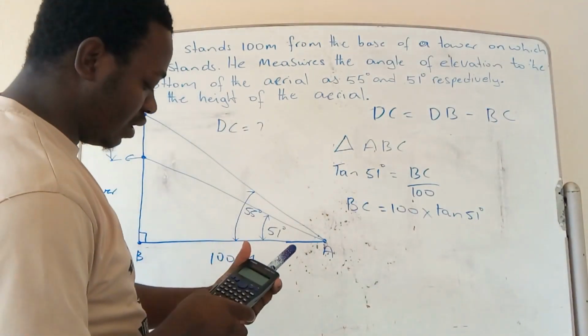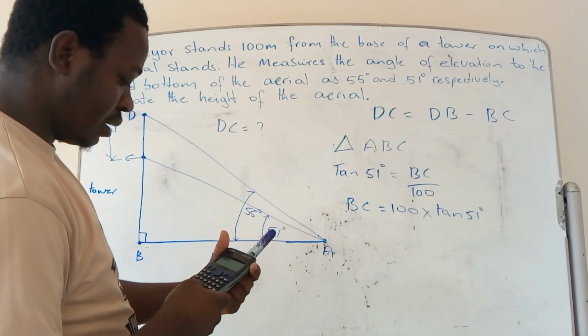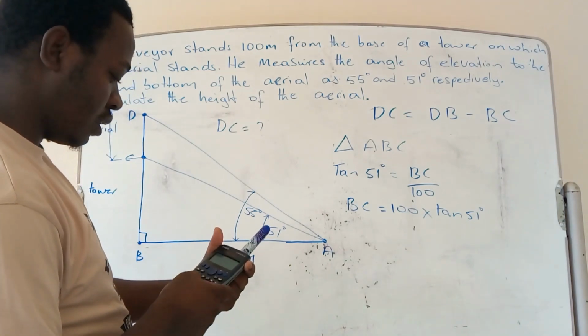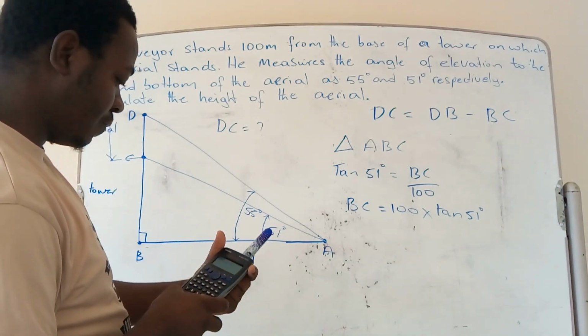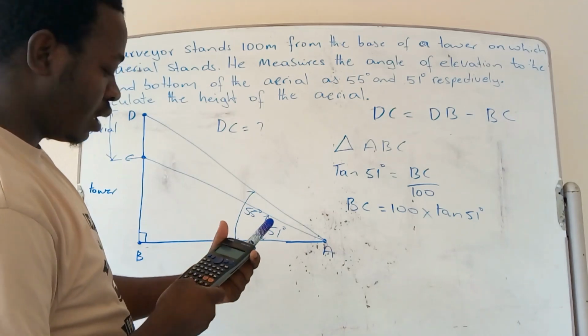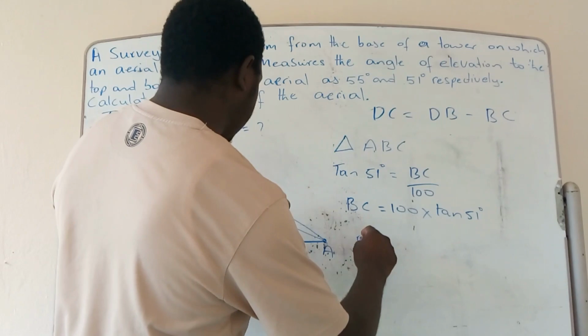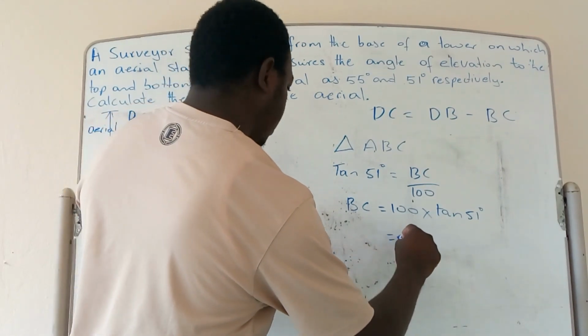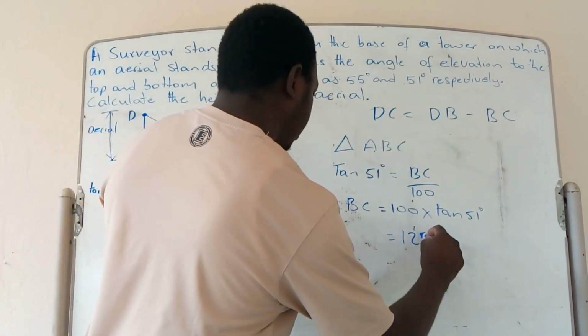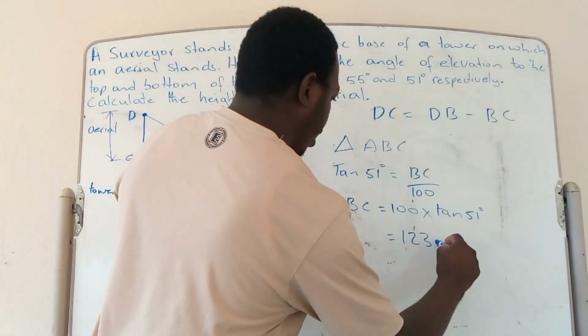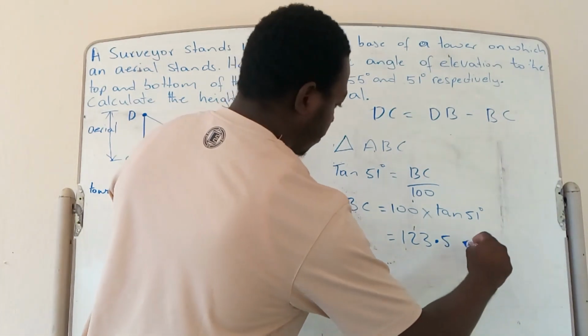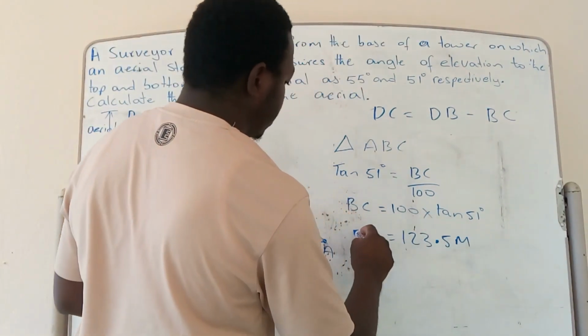So you know that 100 times tangent of 51 degrees is equal to approximately 123.5 meters. Correct to one decimal place, right?